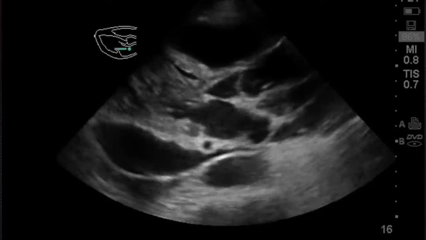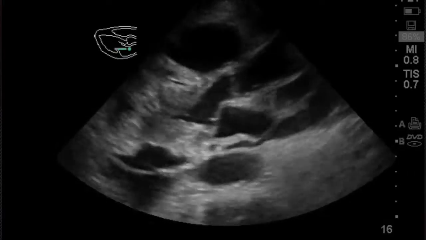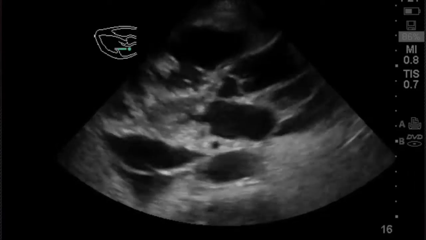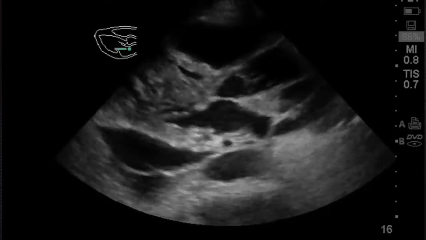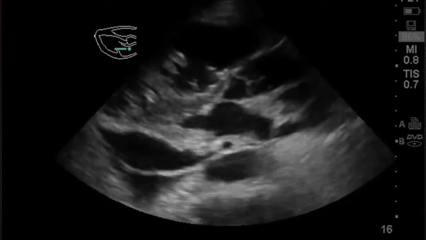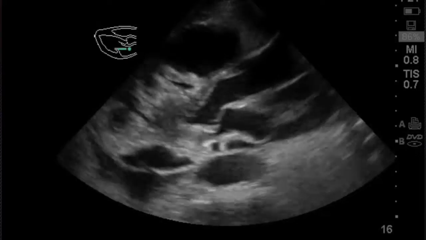So the other thing to notice is if you look at the descending thoracic aorta, to the left and lower part of the pericardium is actually some black as well. So this is also showing a small pleural effusion on the left side as well as a pericardial effusion. So there's fluid both sides of the pericardium.